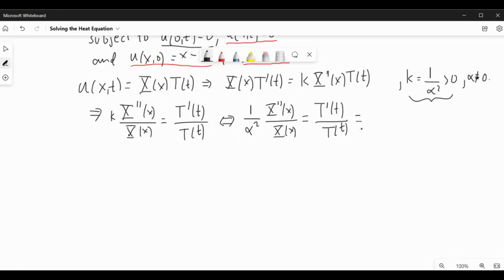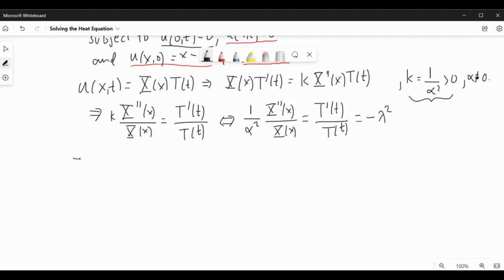In the end, we want a solution u of x,t that will exhibit some kind of oscillatory behavior. An oscillatory solution will result from making this common constant a negative number. So I will let this common value be equal to minus lambda squared, where lambda is a positive number, and so minus lambda squared is a negative number.